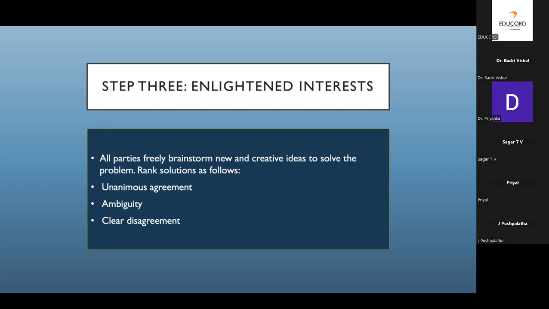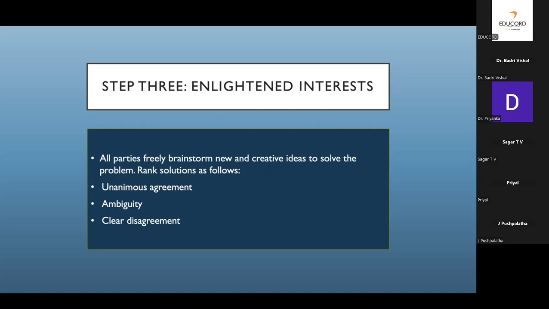So, enlightened interest. When you came to the enlarged interest, you gave the reform. Okay, this thing can be done. Now everyone should come together, put their brains together, do a brainstorming and come up with creative ideas, and rank them on the basis of unanimous agreement.